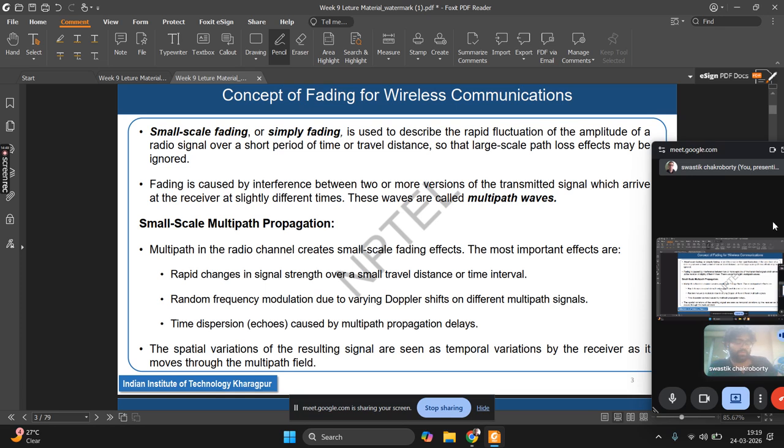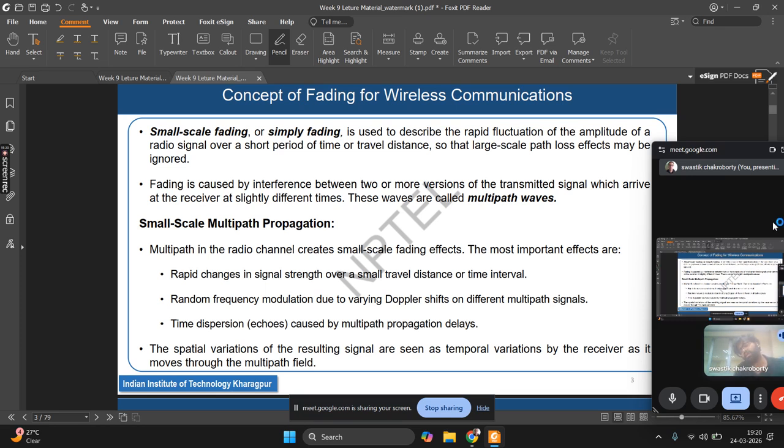But why does small scale fading happen? See, even if you have line of sight or you don't have line of sight, you will always have large scale fading. If a beam is traveling in physical distance, it will have large scale fading no matter where it is in the universe. It will have attenuation. But small scale fading is non existent when there is only and only a direct line of sight and there is no significant non line of sight.